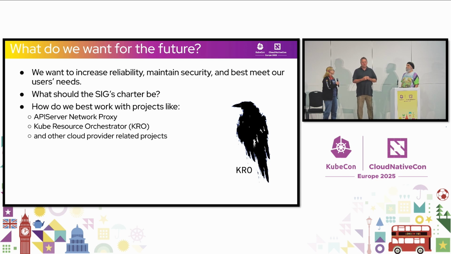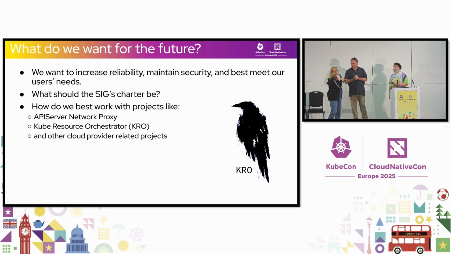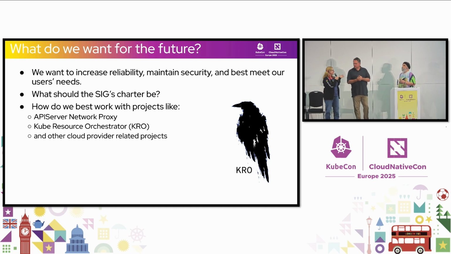So that is a cloud provider specific test. You can only run that test if you know which cloud provider you're running against. Yeah, but back to the idea of there's a lot of things other than the testing, which is the rest of what this talk is going to focus on, but there's a lot of things that we see as we need to investigate what should this SIG be doing.